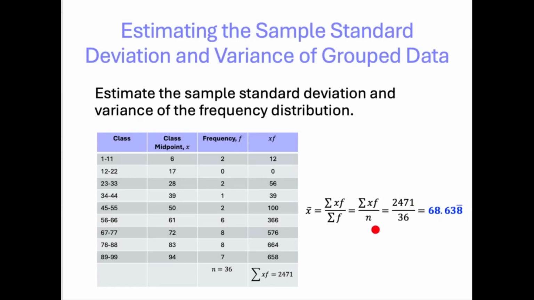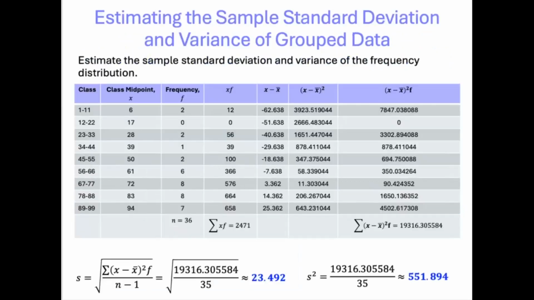And then the number of data points is just going to be the sum of the frequency. In this case, it's 36 when you add these up. We divide them, we get 68.638 with a little bar on top. Just means the 8 keeps repeating.